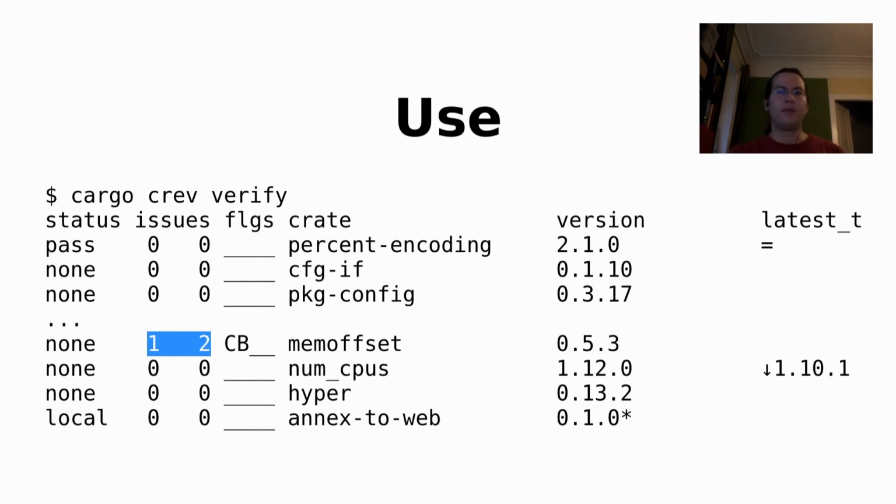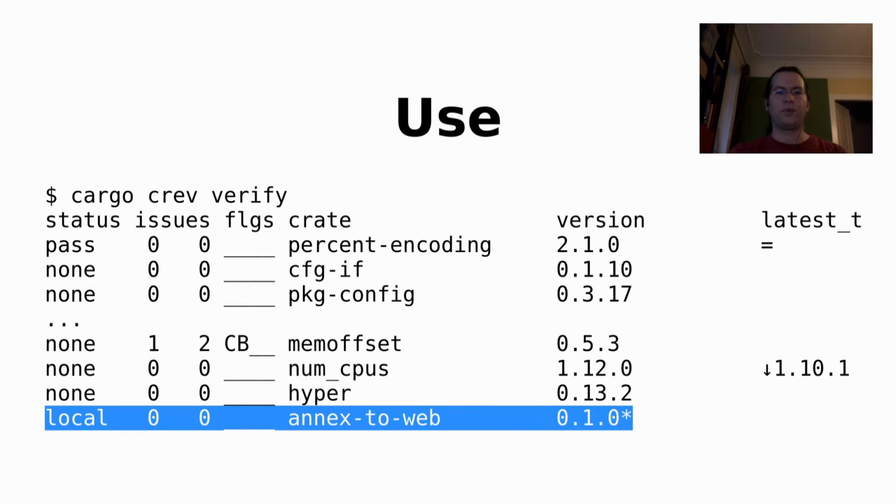Not only those that were raised by the people you trust, but also by people you might not even know, but somehow got in there. I'll come later to where the reviews came from in general. It also shows whether there's a custom build script happening here, whether there's any unsafe code involved.